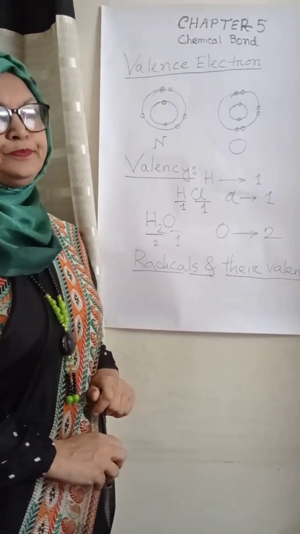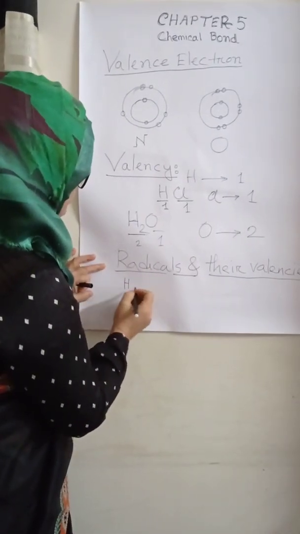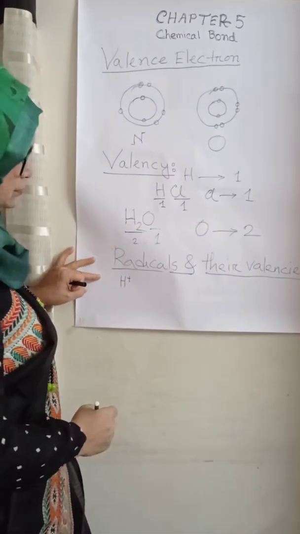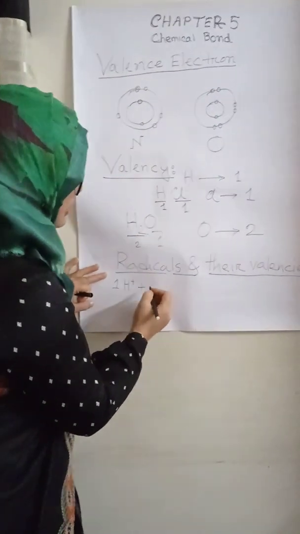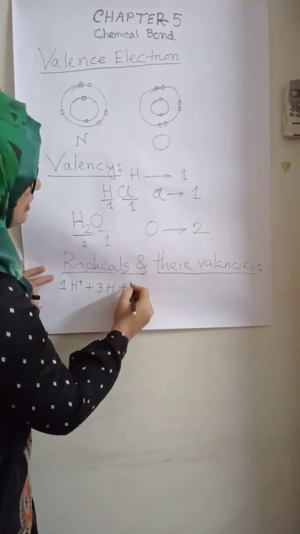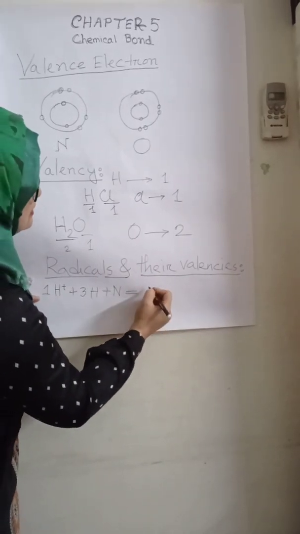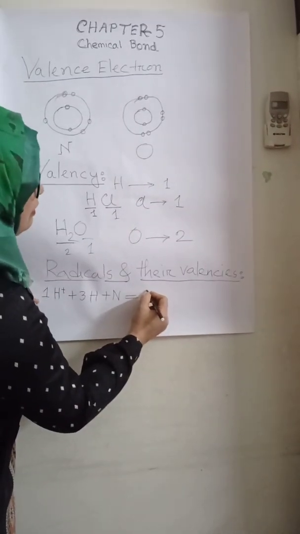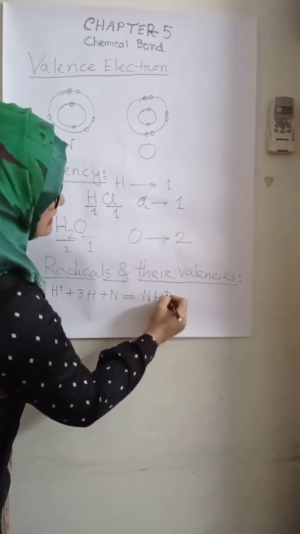For example, when 3 hydrogen atoms and 1 nitrogen atom combine, they produce ammonium radical.